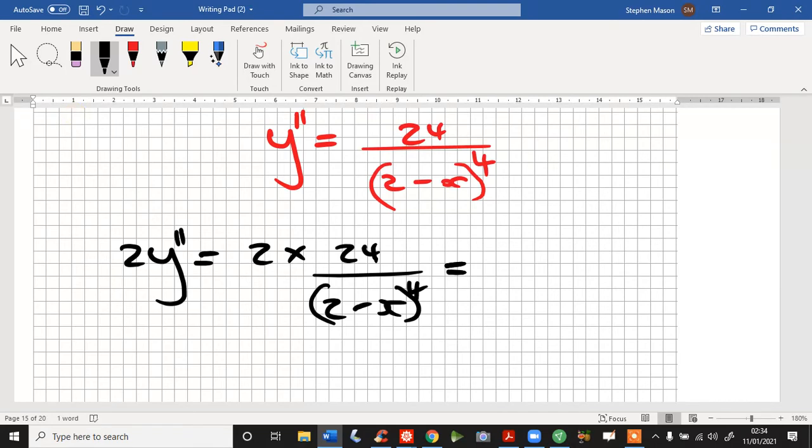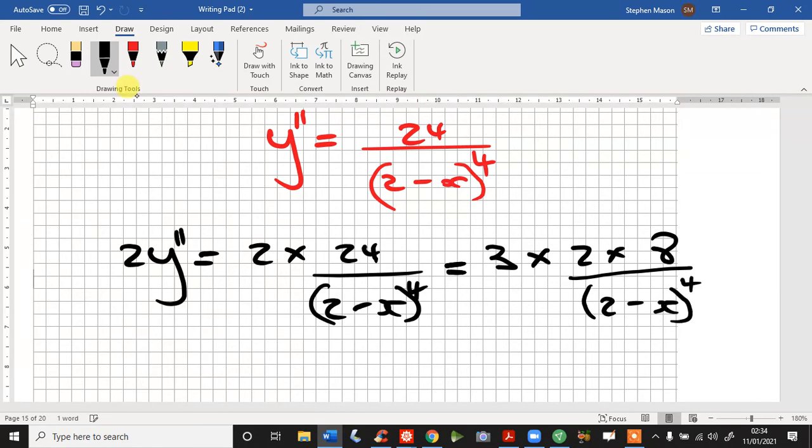So we can take a 3 outside this, and we've got the 2 there times 8. So just as a check, 3 times 8 is 24, and that 2 is the 2 on the outside. We write this here, 2 minus x to the power 4.